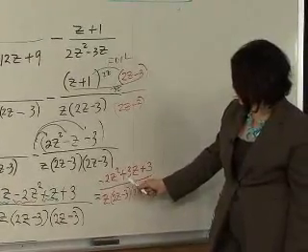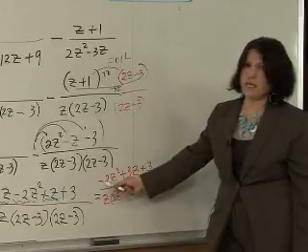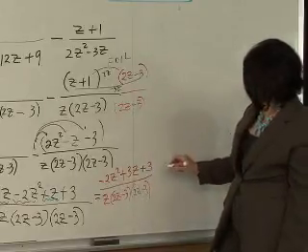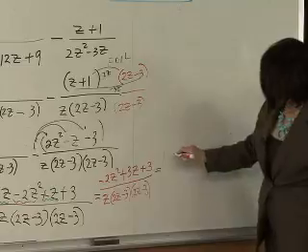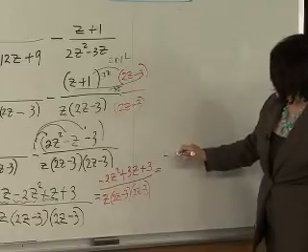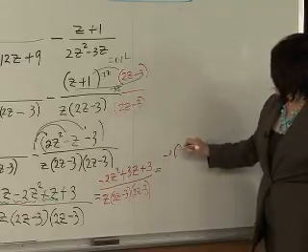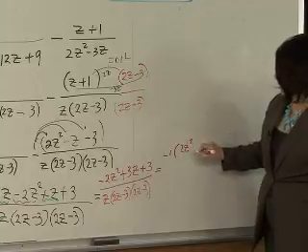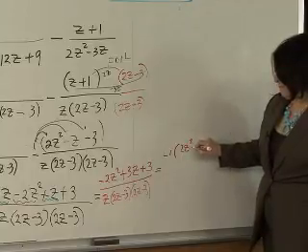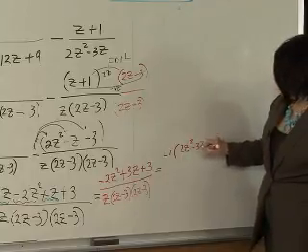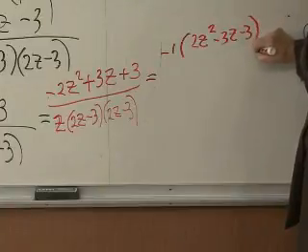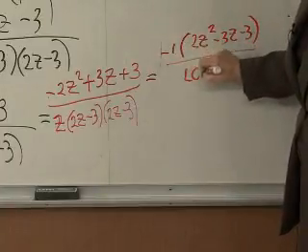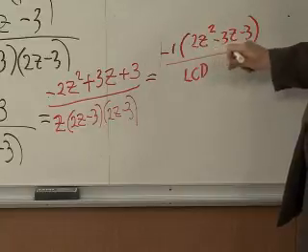But you know what, if you want to factor, you need to pull negative 1 out, so you can factor that trinomial. I don't think it factors. But if you pull negative 1 out, then you have 2z squared minus 3z minus 3 over the LCD. And then see if this factors.